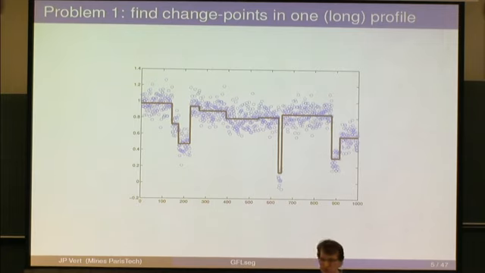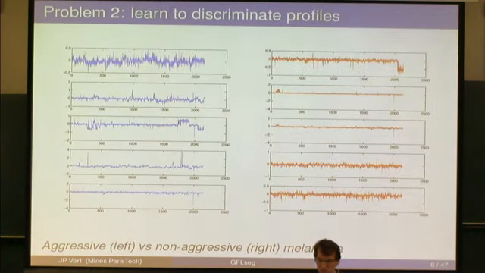Now we also discuss 2 other problems which are important for the application, and which I think can borrow techniques from change point analysis. One of them is when you don't have one signal but many signals, and typically each of these signals would correspond to a sample, a patient, and you ask questions like, for example, here these are real data of melanomas.